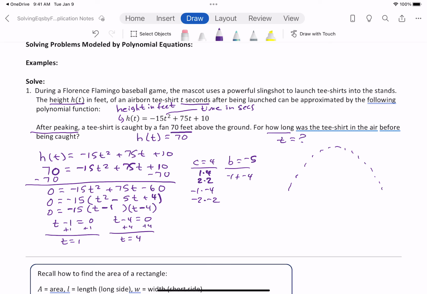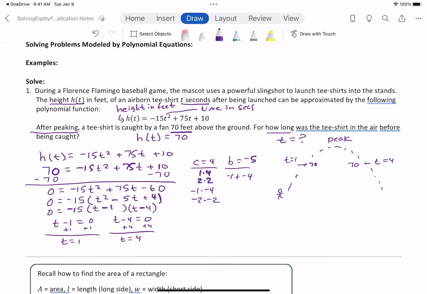So you can think of the person standing here and he shoots off the t-shirt, and then at some time t equals 1, it reaches 70 feet the first time. Then it's going to peak at the highest point, and then it's going to start coming down, and when it's at 70 feet again, that's where t equals 4 seconds.